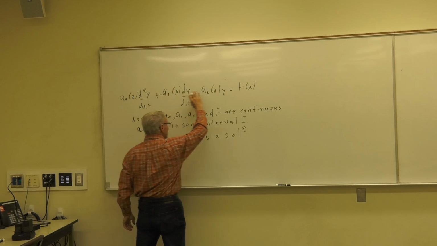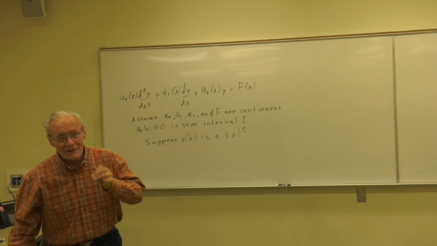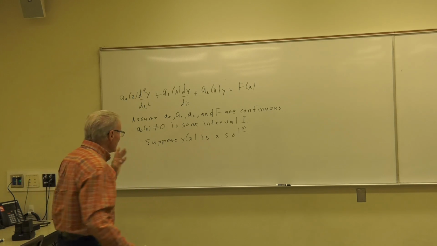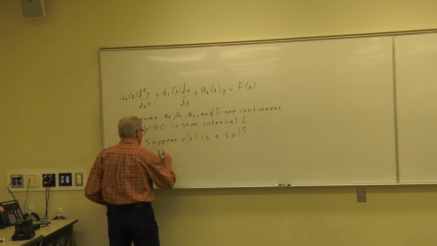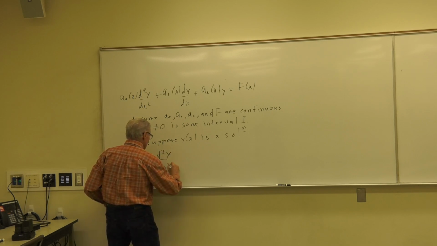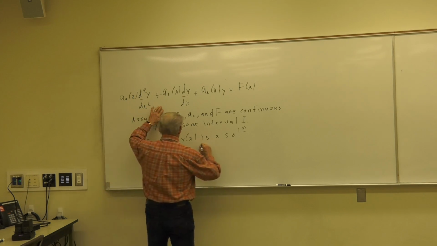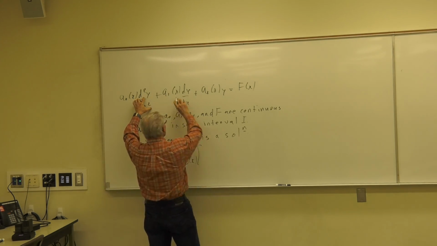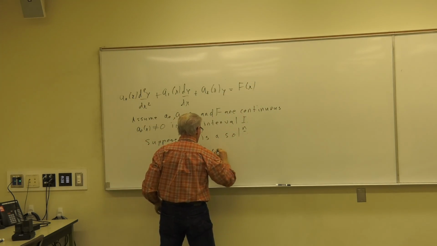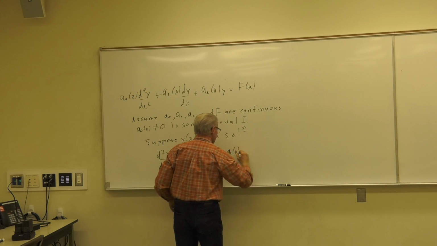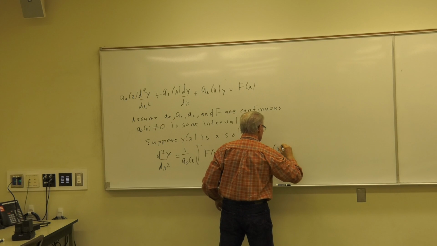So if a function satisfies this, then it has to be continuous, and it has to have a continuous first derivative. Furthermore, since A0 is not 0, I could divide by it and write 1 over A0 of x, and then solve for the second derivative: f of x minus A1 of x dy/dx minus A2 of x times y.